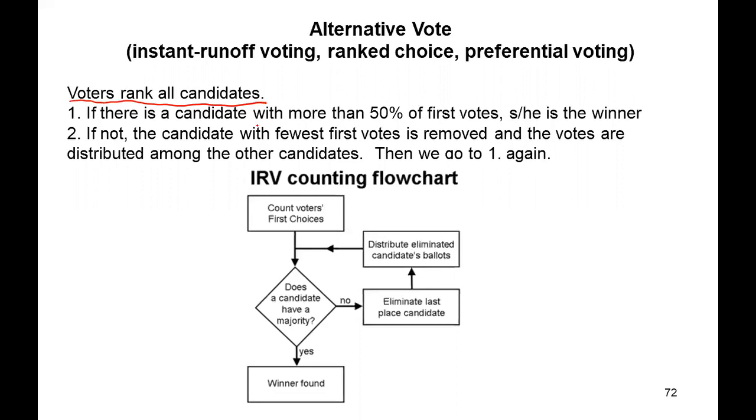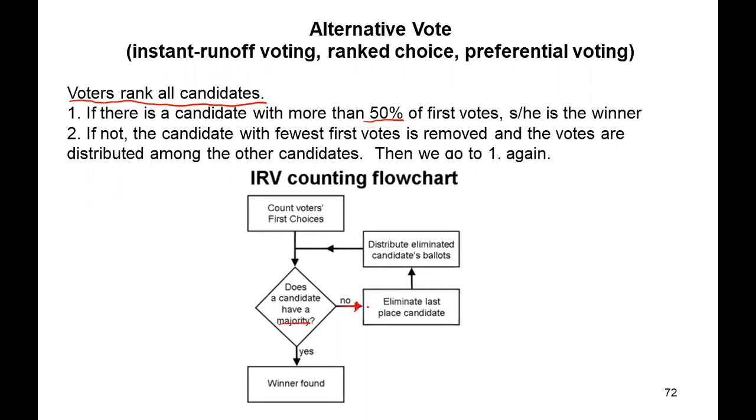Now, when we calculate the winner, we take a look if there is a candidate with more than 50% of first votes. If this is the case, then the candidate has a majority, and this candidate is the winner. If not, then we eliminate the weakest candidate.